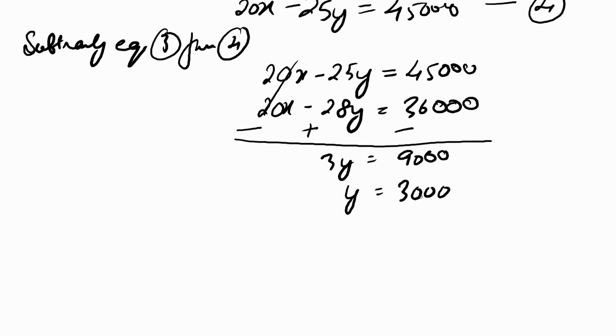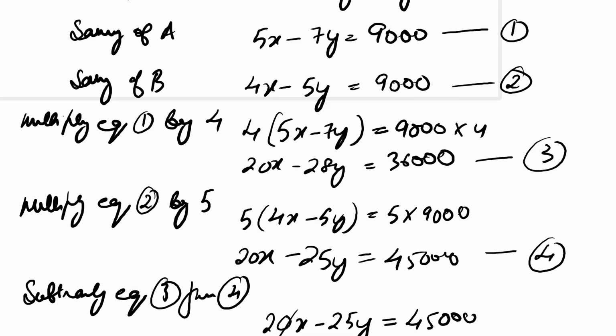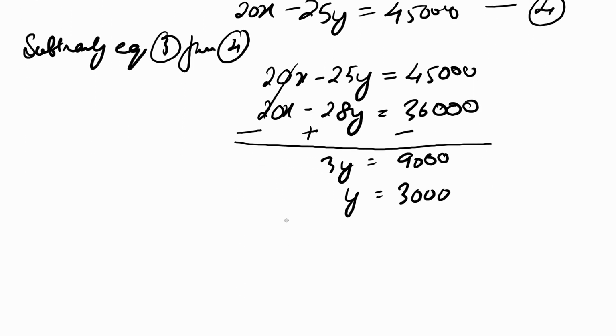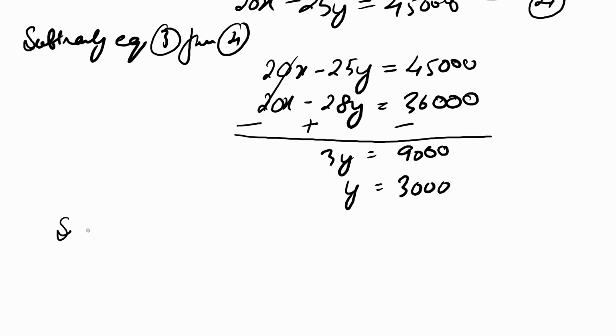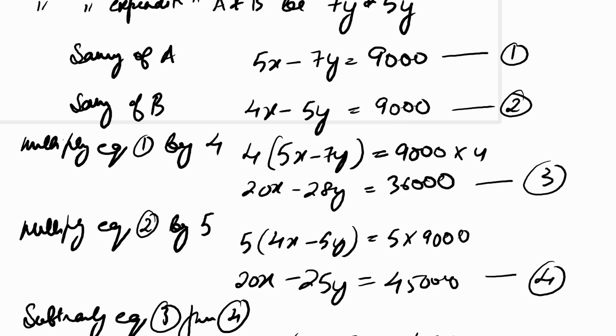Now I can substitute this in equation 1. Let's substitute y in equation 1. What is in equation 1? 5x minus 7y is equal to 9,000.